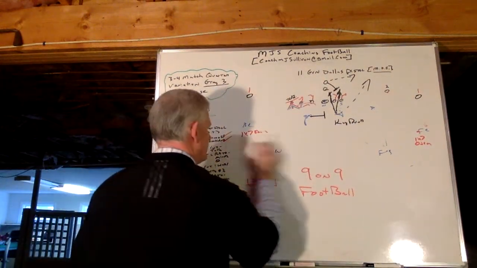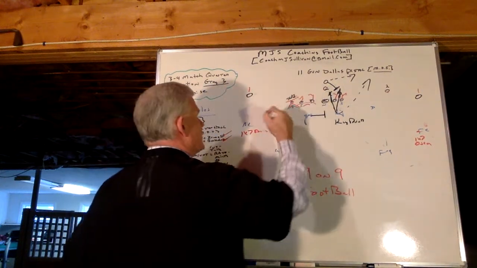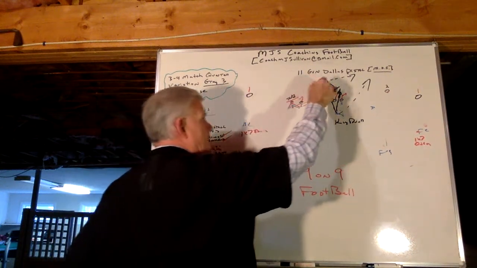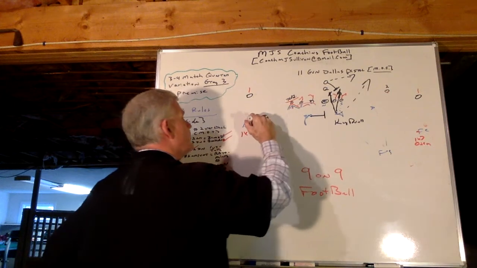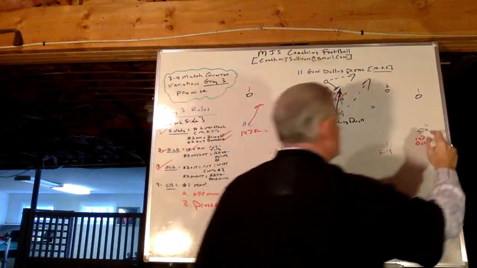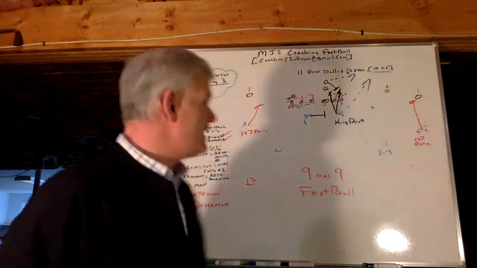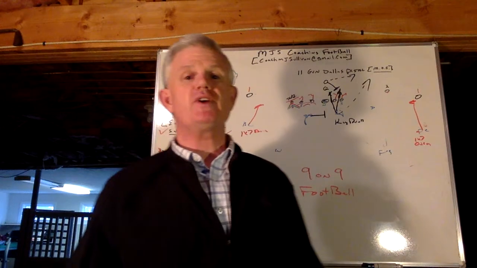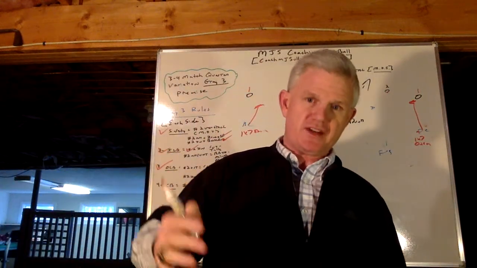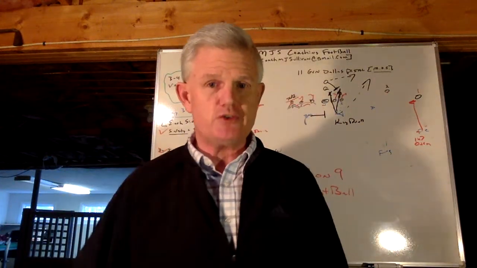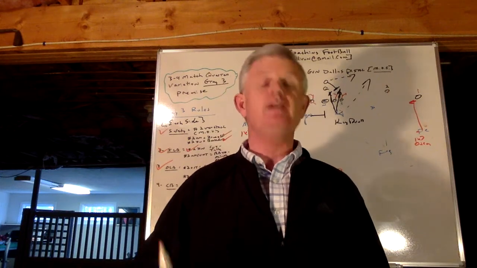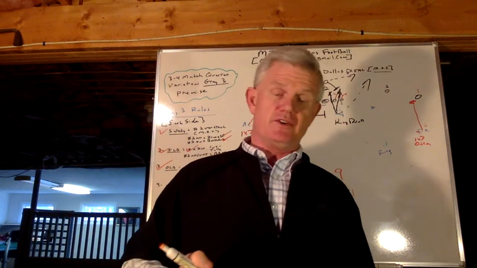Okay. So between receiver again and snap indicator, they're going to stem, screw down hard, inside leverage, and play press man, which means you're pressed as close to the receiver as you can be without being offside, okay, with inside leverage.